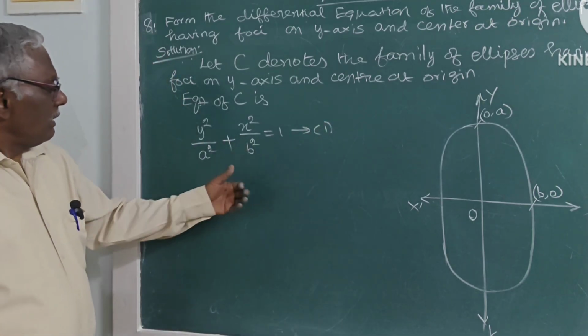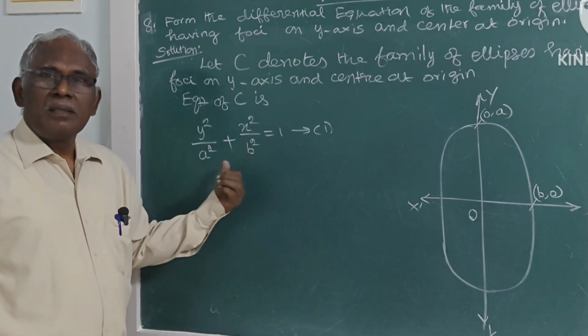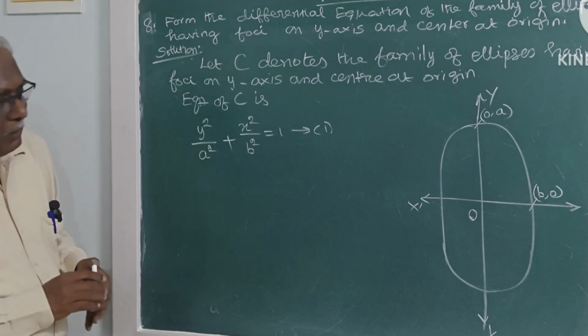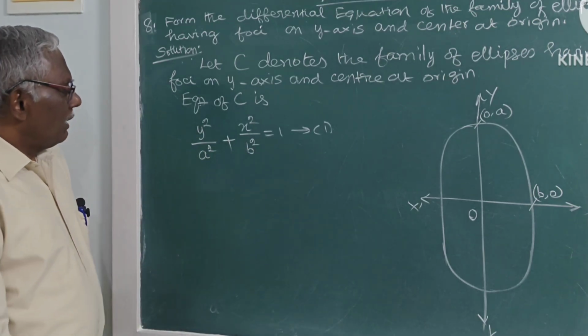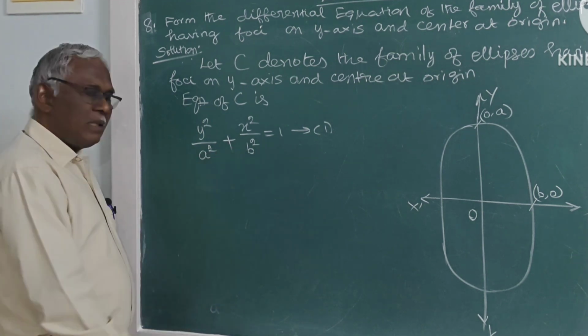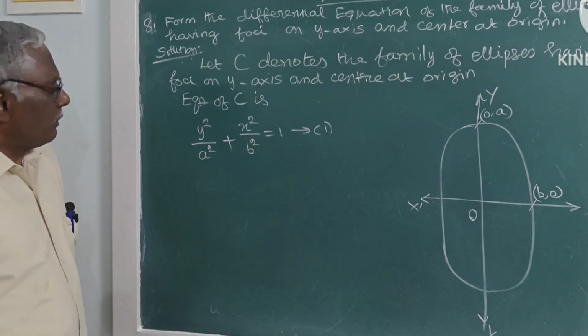So this equation has two arbitrary constants a and b. So we have to differentiate this equation two times and we have to eliminate the arbitrary constants a and b.